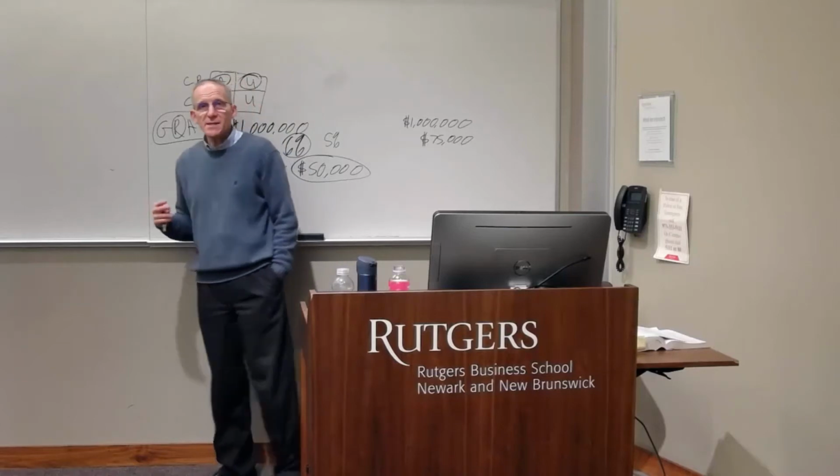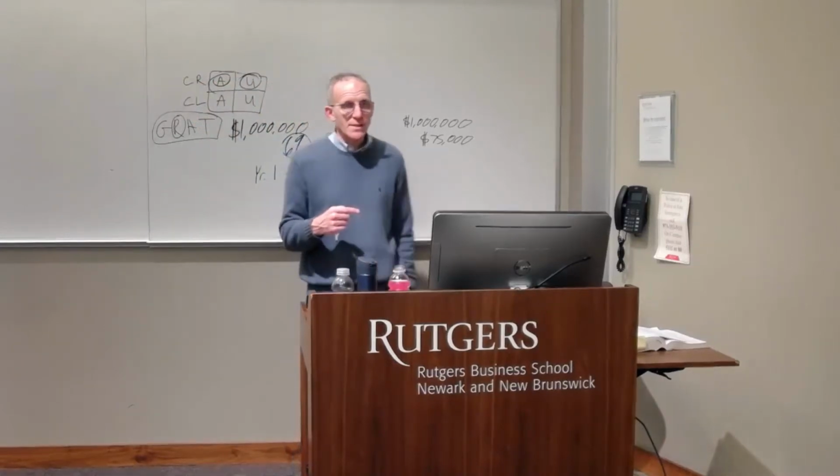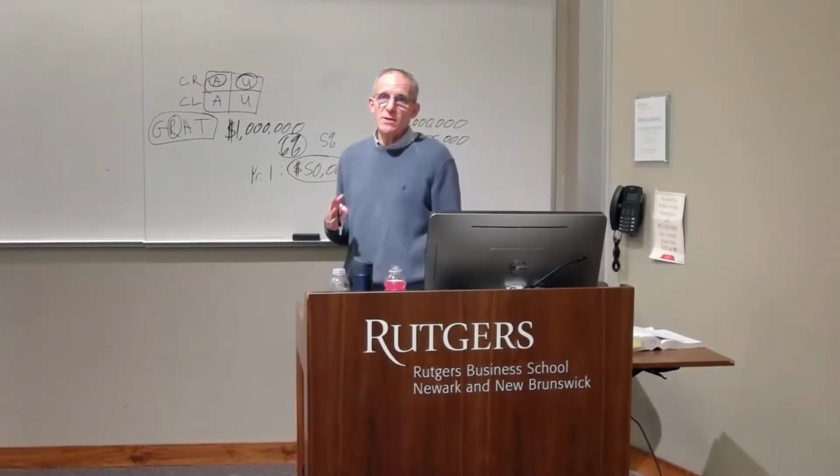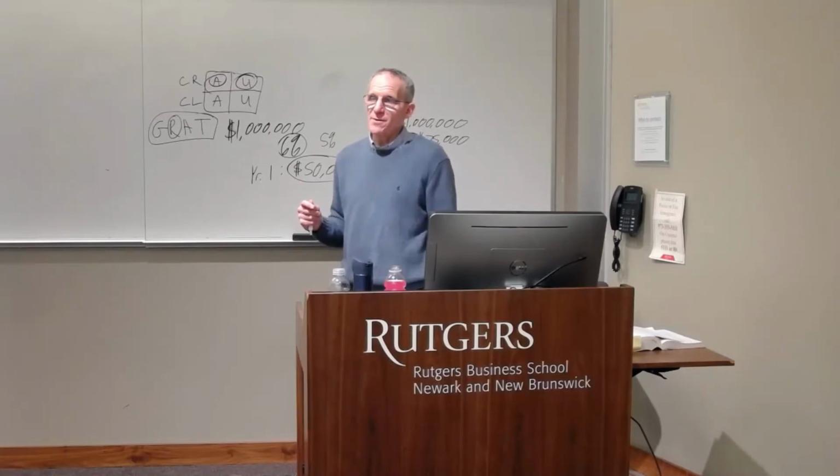If Visa puts $1 million into a trust and retains a right to an annuity of $120,000, what do you think the value of the remainder interest is going to be? David, high or low? Is the remainder interest going to be large or small?